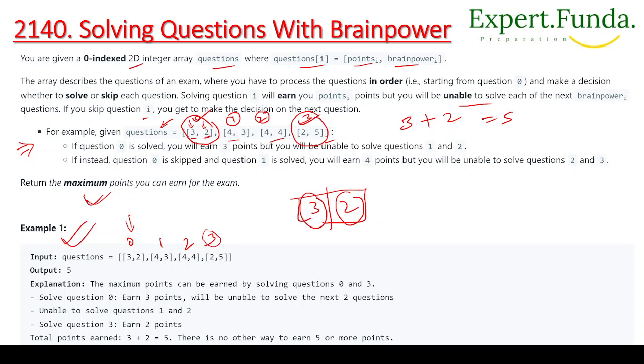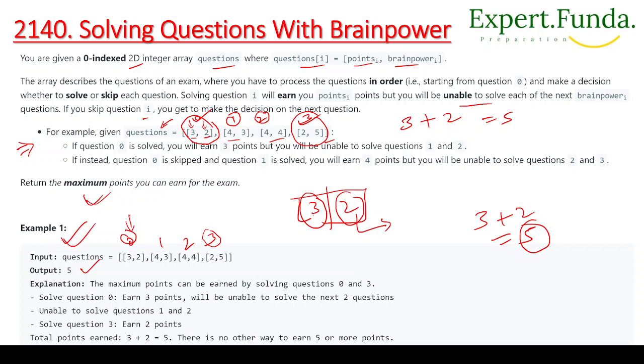Only these 2 he can do, because he has to skip 2 questions if he solves 0. So the maximum point he can earn is at 0 and 3 only. At 0 the points are 3, at 3 he has 2, so total is 5. That's why the output is 5, because questions 1 and 2 are skipped. So this is the way he can solve it.